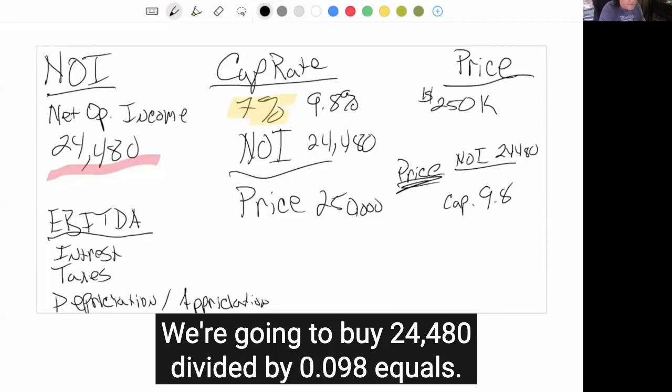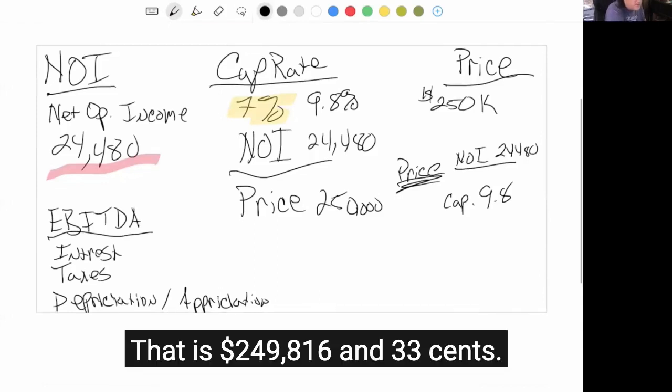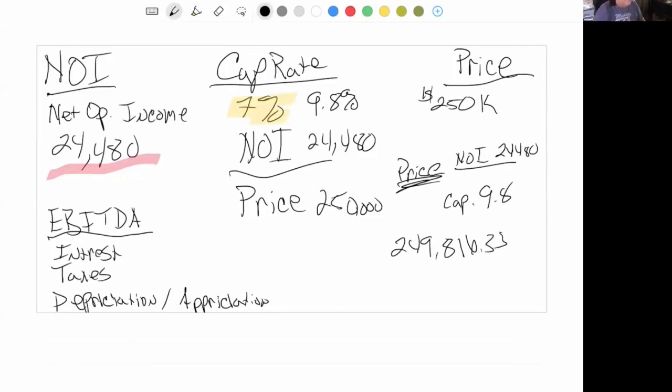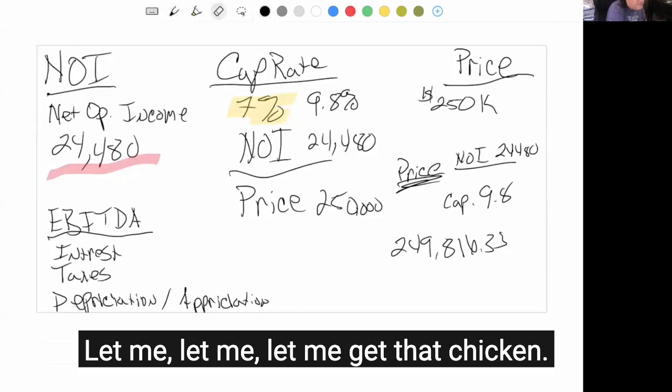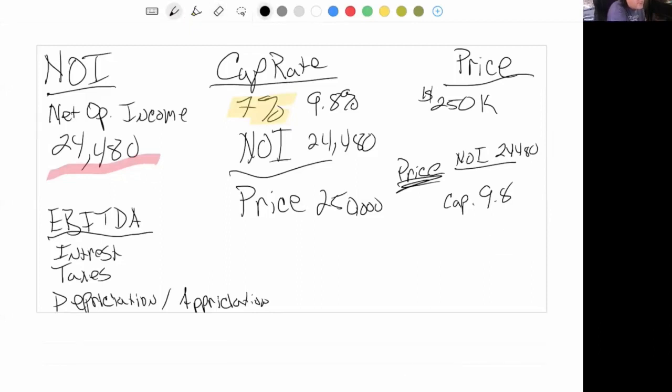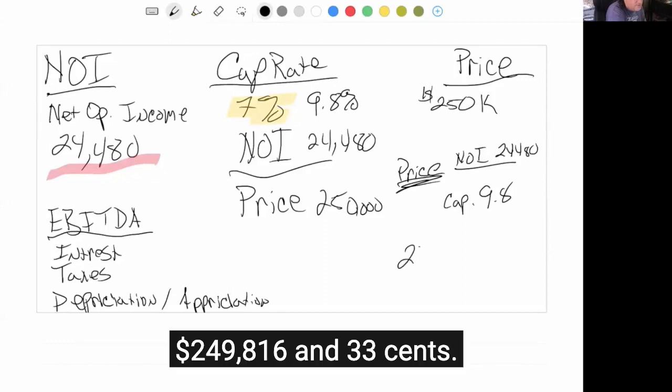We're going to divide 24,480 by 0.098, which equals $249,816.33.